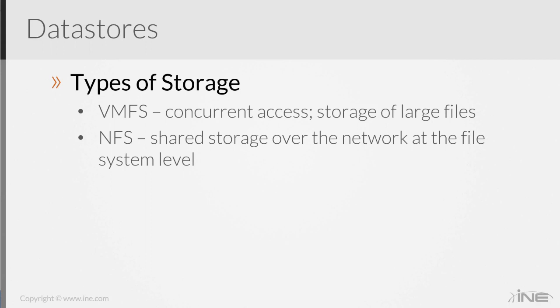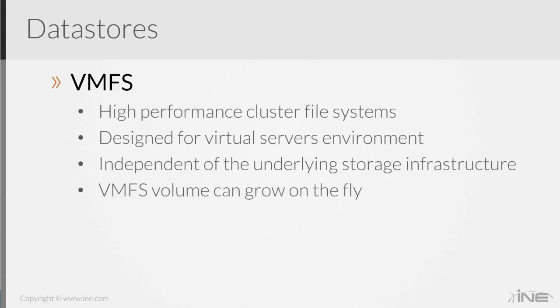So our ESXi host basically serves as an NFS client that will be connecting over to that NFS server share. I have a separate slide here where we'll go through these in a bit more detail.